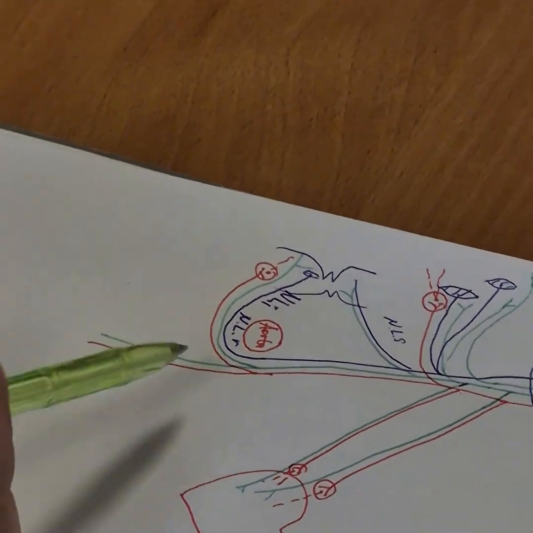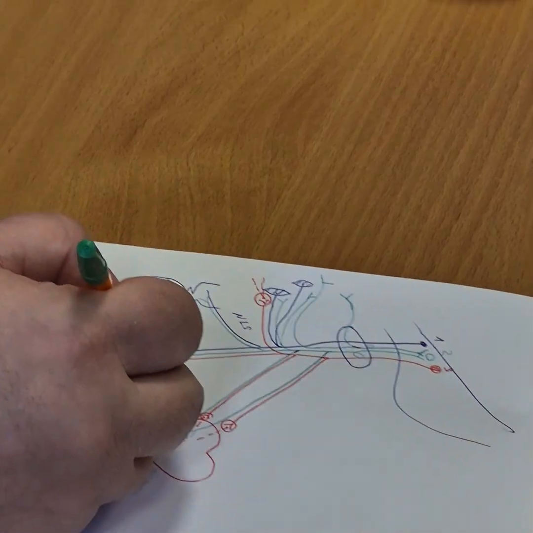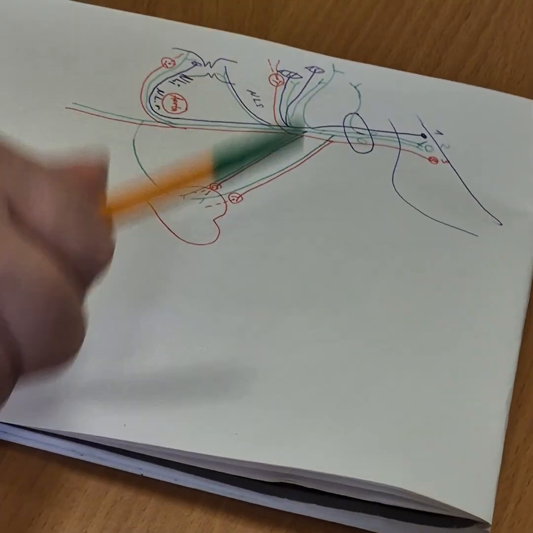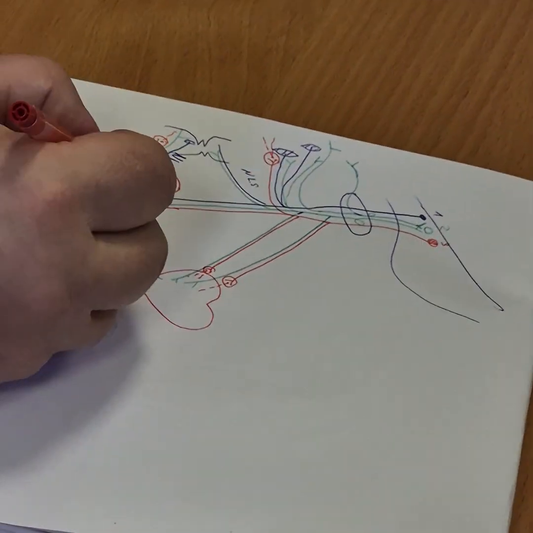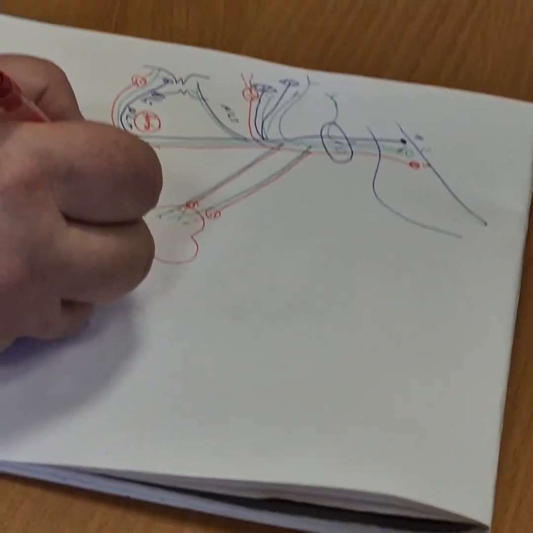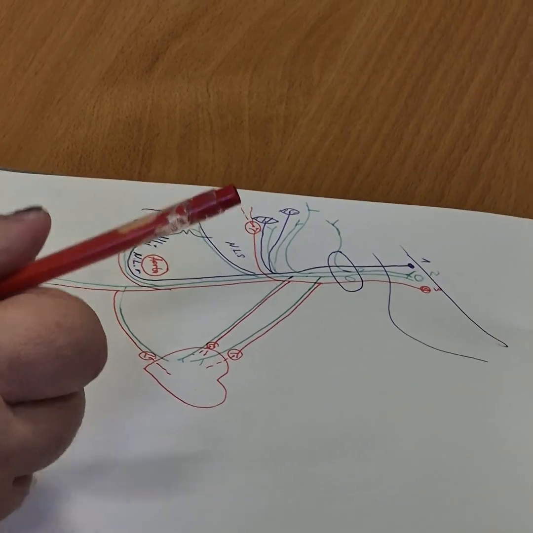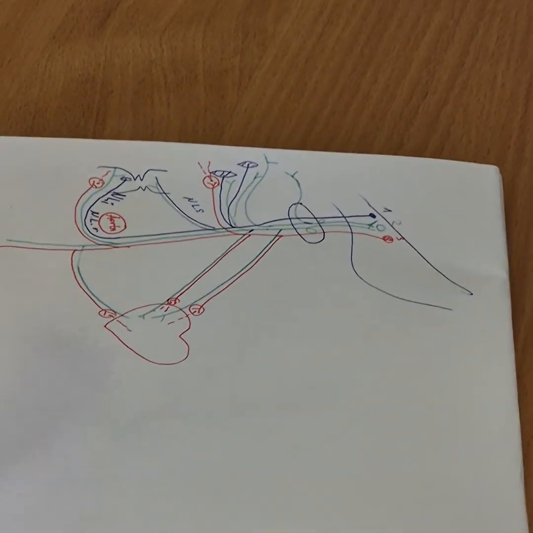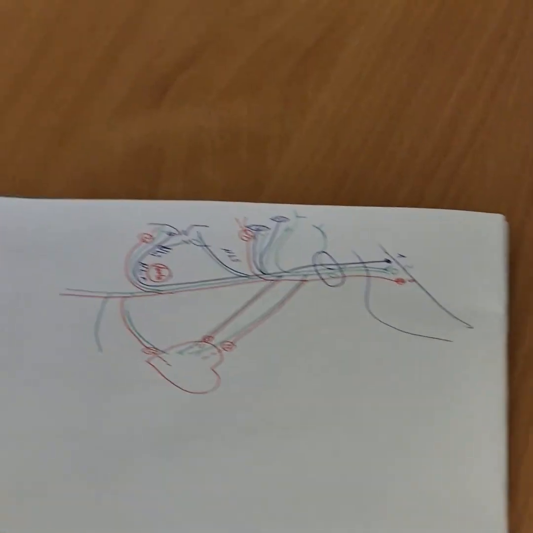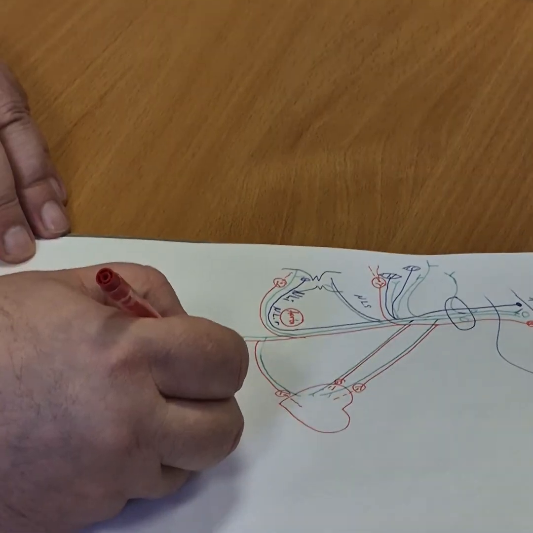Then, what else? In the thoracic cage, it gives rami cardiaci thoracici, rami bronchiales, and rami bronchiales go to plexus pulmonalis and supply the lung.